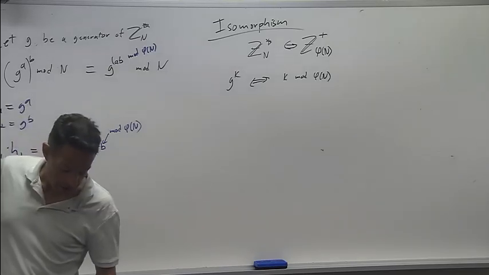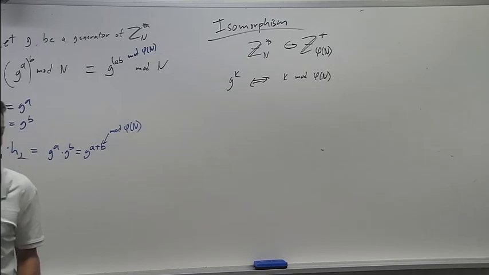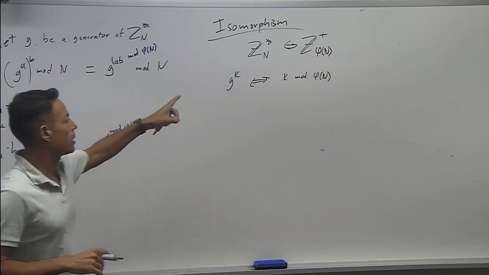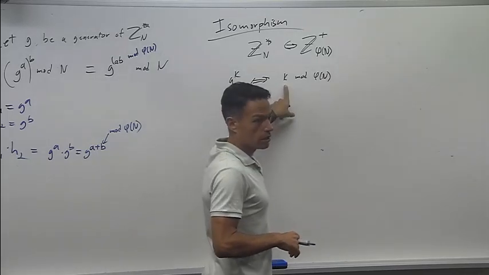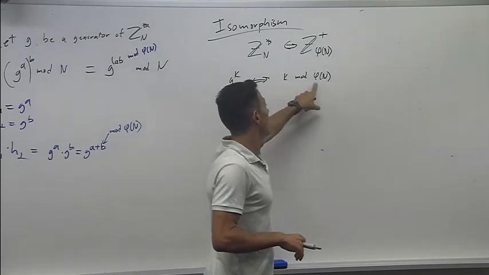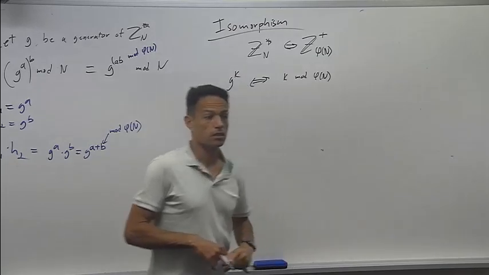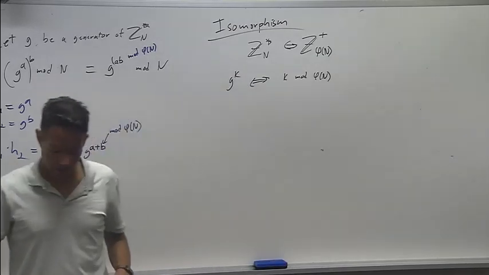So this really helps. Anytime you're thinking of things in Zn or Zp star or whatever it is, realize that you can basically map everything to just addition and multiplication. Really helps you simplify things.